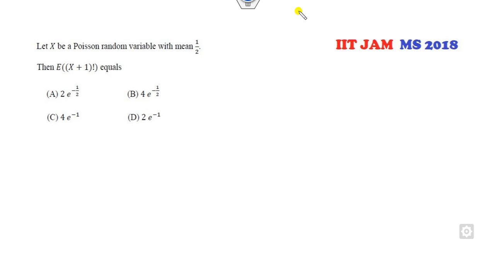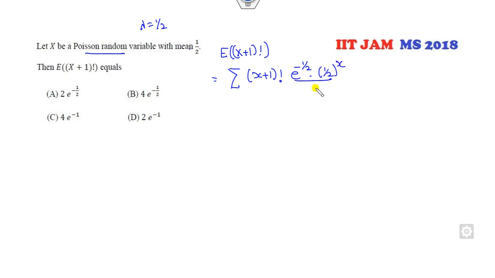Okay, now you can see about this. X follows the Poisson distribution, and we need the mean of 1 over (x plus 1) factorial. Again, it's simple. You can open this value because x follows the Poisson distribution: e raised to power minus lambda, lambda raised to power x over x factorial, where x varies from 0 to infinity.